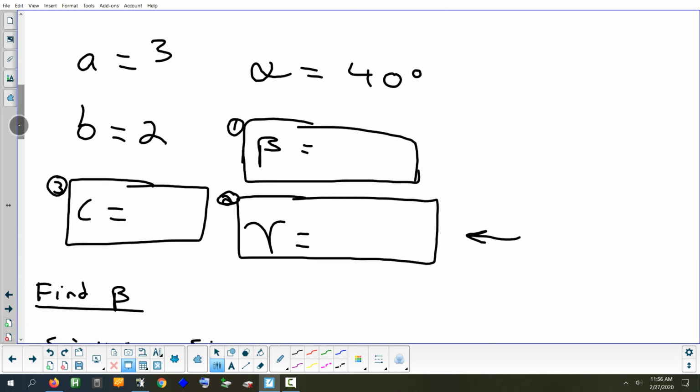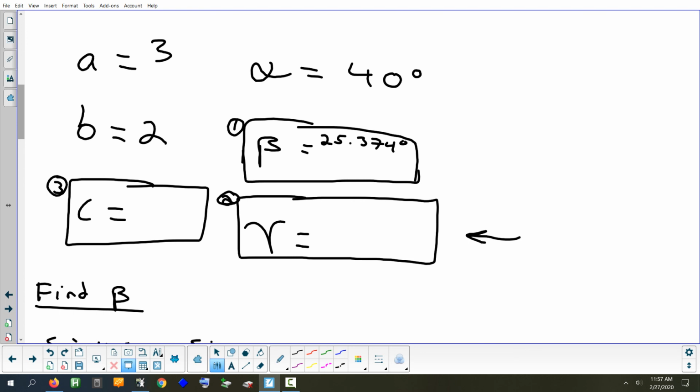What you want to do, though, is put that answer up a little higher in the box because I'm leaving room just in case there is a second one, and I'll write it down below. Now, the way the second answer works is it's all or nothing. You don't have to worry about the ones that were given to you. Those are done. You have to worry about beta, gamma, and c.